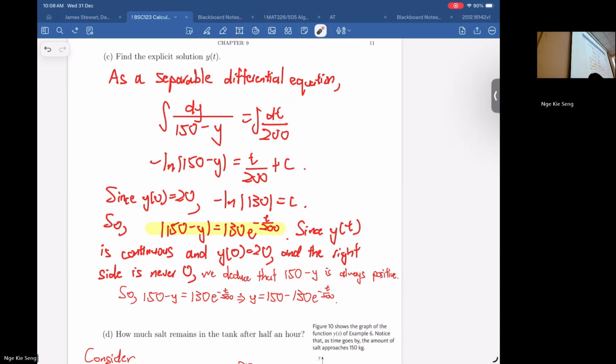But the point here is if you look at this modulus here, the right hand side is always positive. So what does this mean? You can't know anything yet actually, because this modulus will turn negative into positive anyway. But where we start is pretty important.